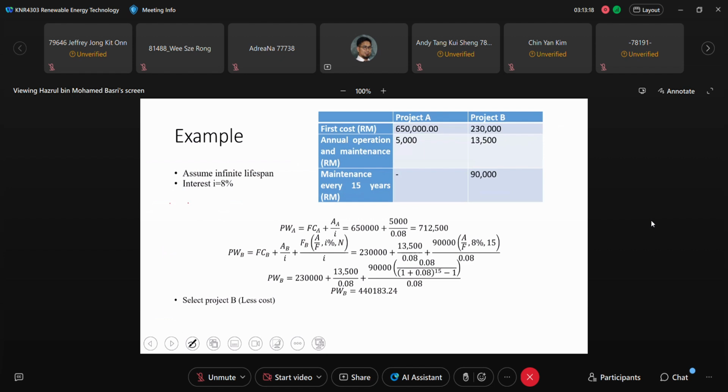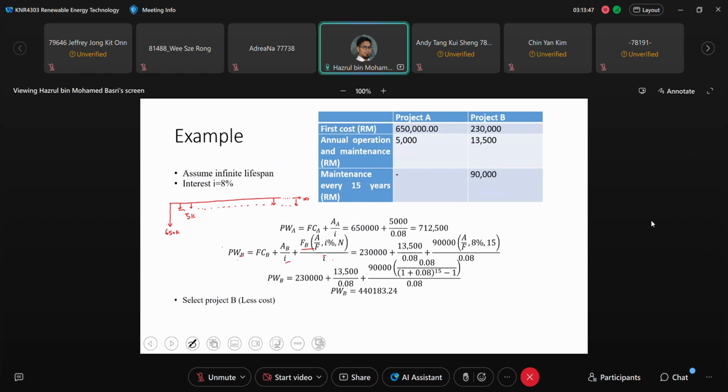Okay, this is the cash flow diagram until infinity. The first cost, if you want to start the project, you need to spend around 650,000 ringgit, and then every year you need to spend an additional 5,000 ringgit.